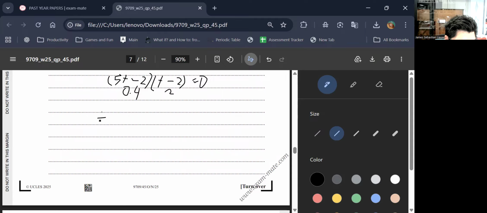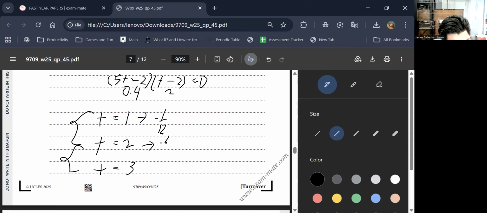So we need to find the values of s at t equals 1, t equals 2, t equals 3, and calculate this part of the journey and this part of the journey separately. At this point it's minus 1 over 12, and this one's minus 2 over 3, and at this point it's 3 over 4, which is exactly the whole point. There is a reversing of the sign.